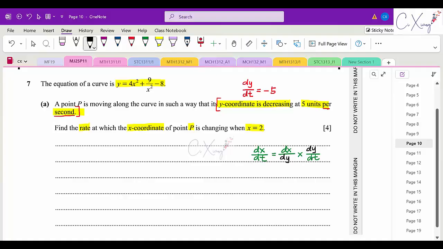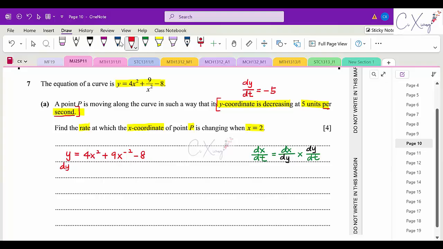Okay, so dy/dt, I already successfully got the value from the question. And now, before you can calculate dx/dt, we need to get dy/dx first, or dx/dy first. So this is what we need to do as the first step. Let us have this equation here: y equals 4x squared plus 9x to the power negative 2 minus 8.